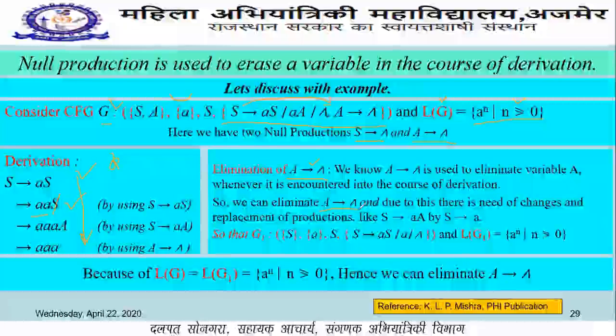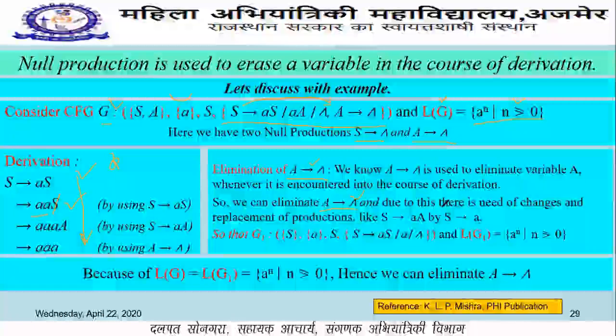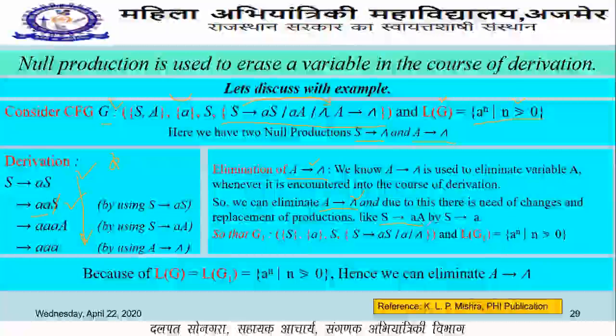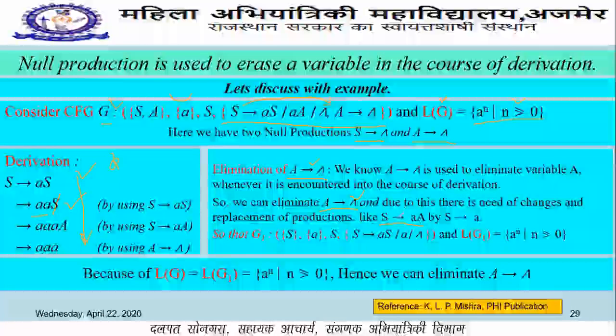But due to the elimination of this null production, we have to add or change the set of productions, like this. Because S tends to small a capital A is a production in grammar G, it should be changed, like S tends to a.